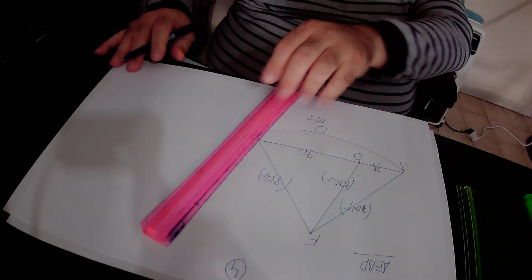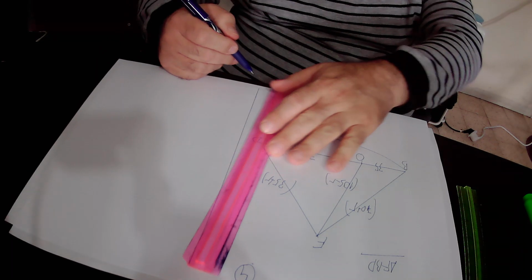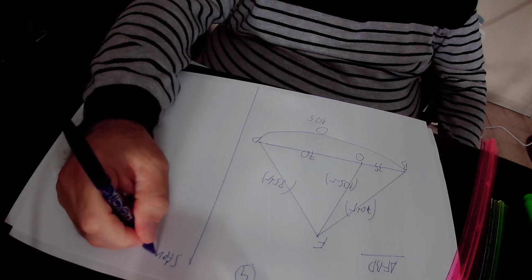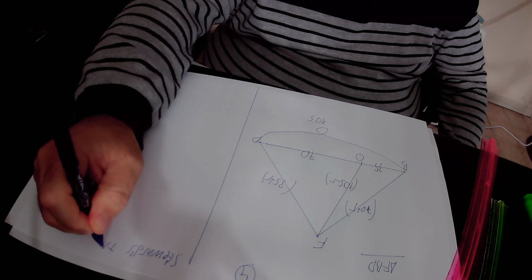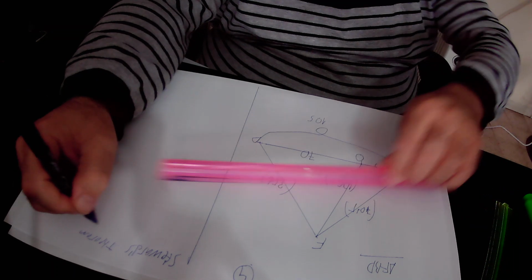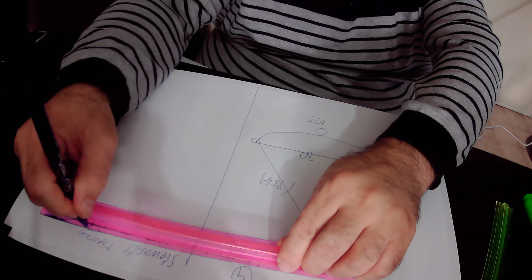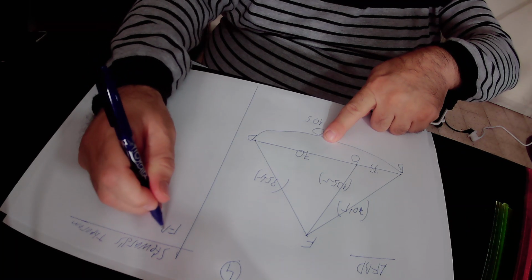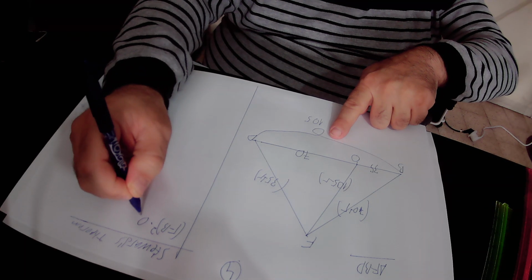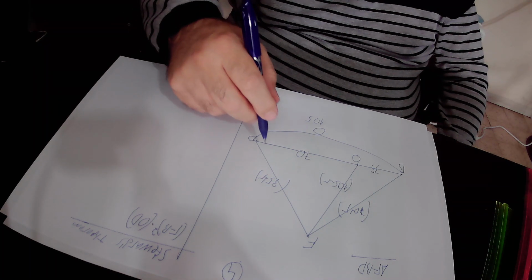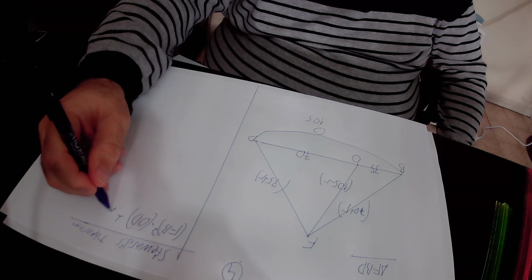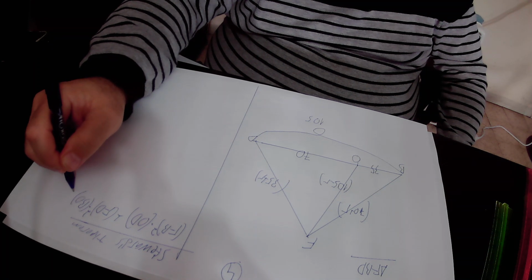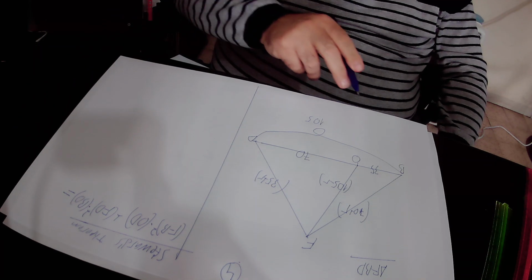So, we will implement in this triangle FBD Stewart's theorem. According to Stewart's theorem, in this triangle FBD, we will get that FB squared times OD plus FD squared times BO equals BD.